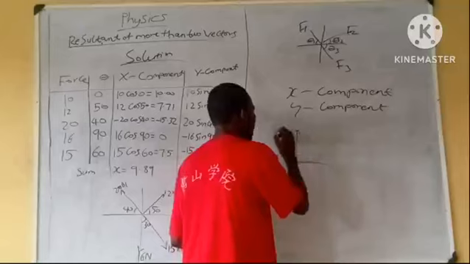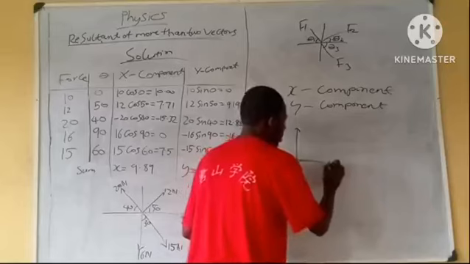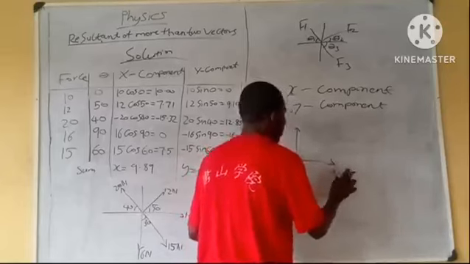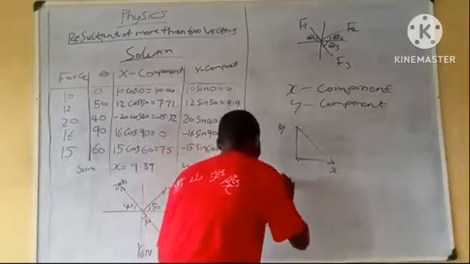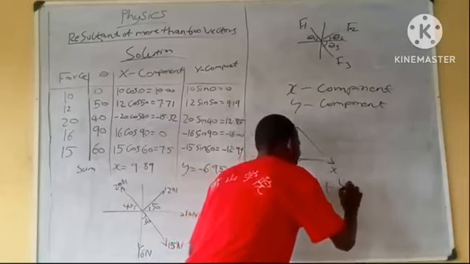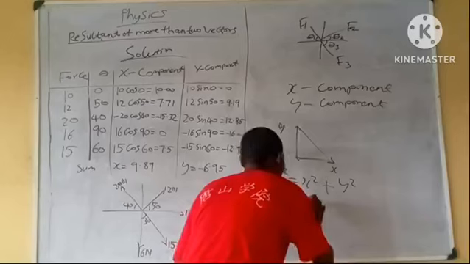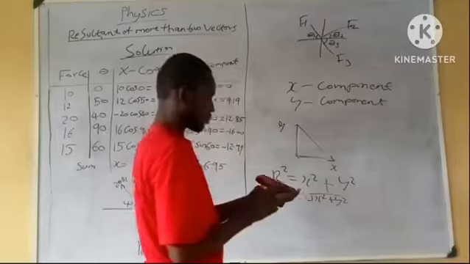This is your y component, and this is your x component. And then you find the resultant by saying that r squared is equal to x squared plus y squared. Therefore r is equal to the square root of x squared plus y squared.